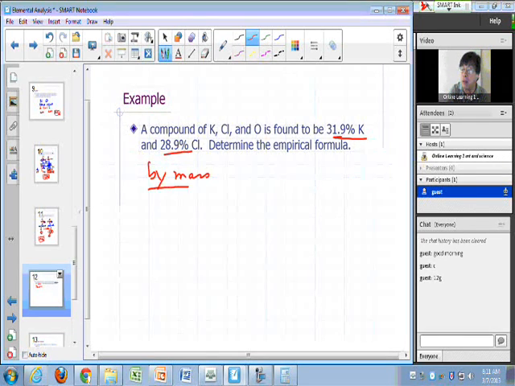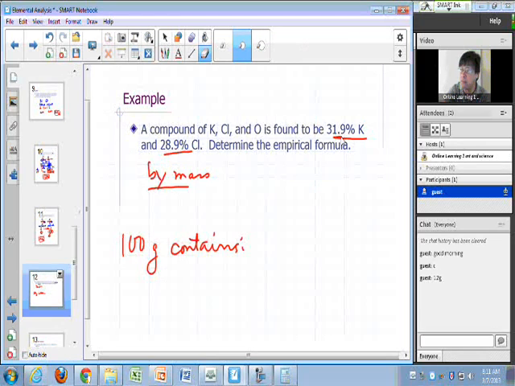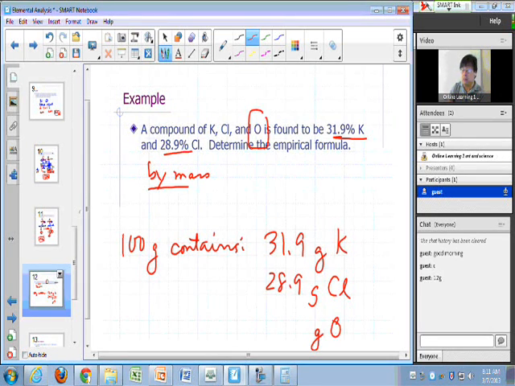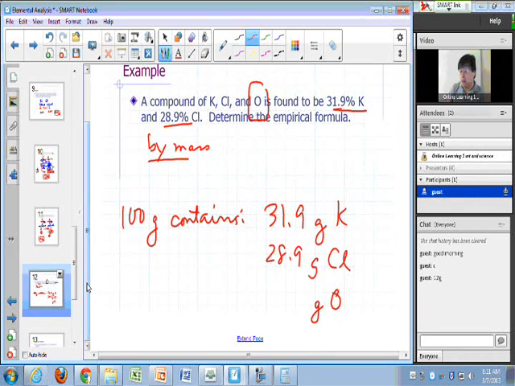Okay? So another way of saying it is to say that 100 grams of this compound contains 31.9 grams of potassium and 28.9 grams of chlorine. How much oxygen does it have? It's got oxygen too. You're given the percentage of potassium and chlorine, so how do you determine how much oxygen you have?